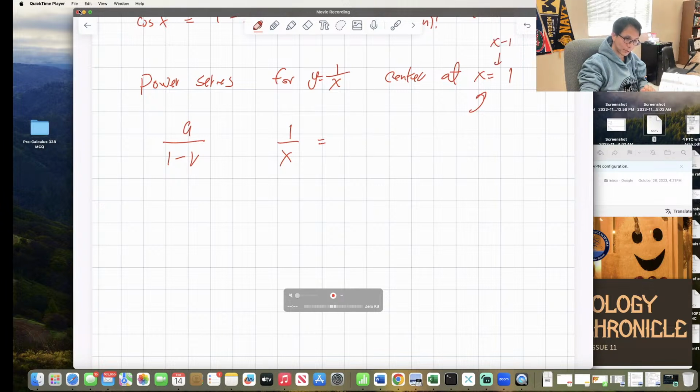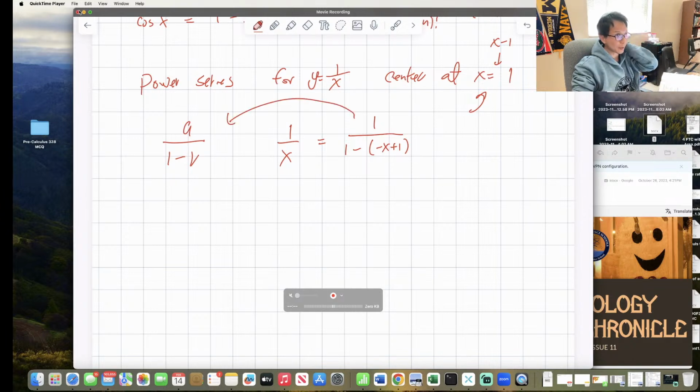That means the center is x minus 1. So I will change this to 1 minus, and I'm going to replace that with negative x plus 1, because this will be the same situation as my geometric series.